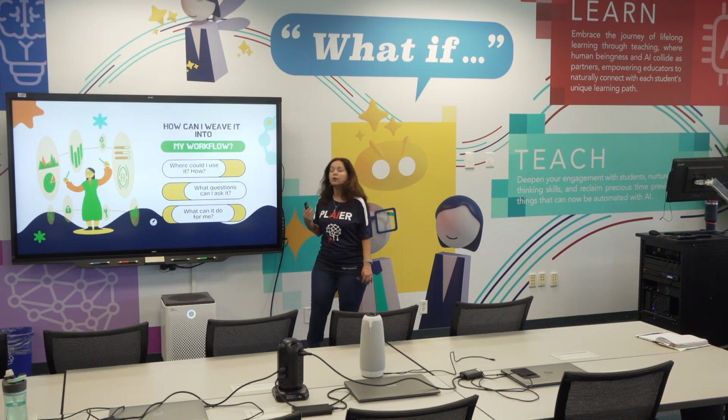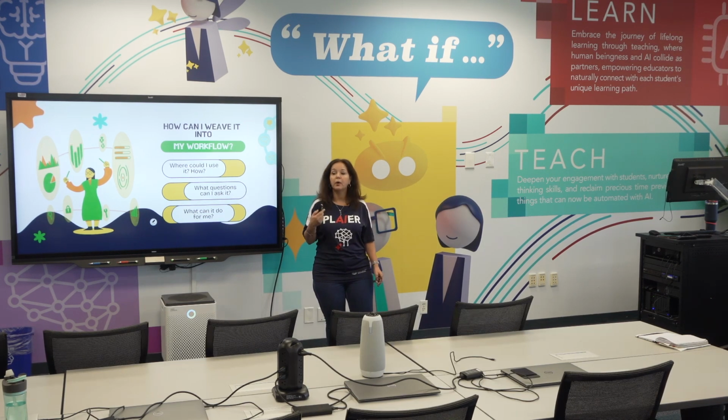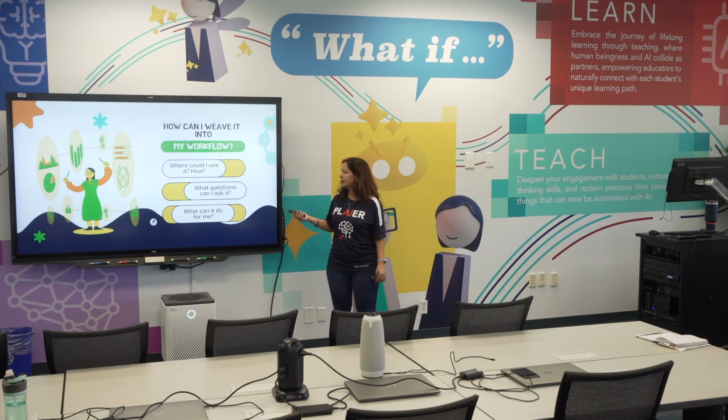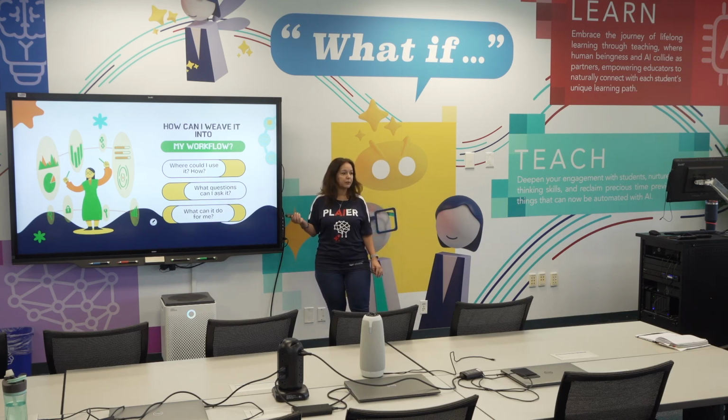How? What questions can I ask it? What can it do for me? And that is the beauty of the process that I'm sharing with you, because no matter your workflow, you have access to the interface, you have access to the apps, and you can try to adjust the process to your own workflow.